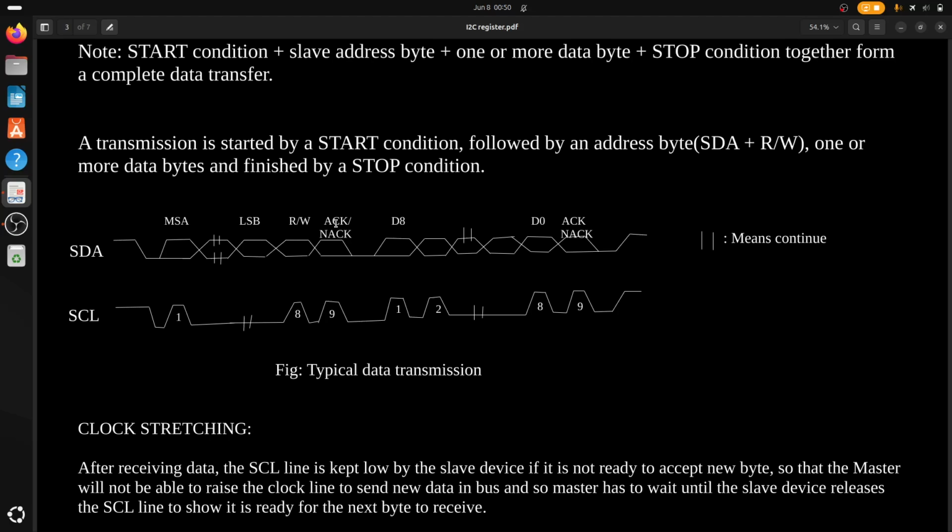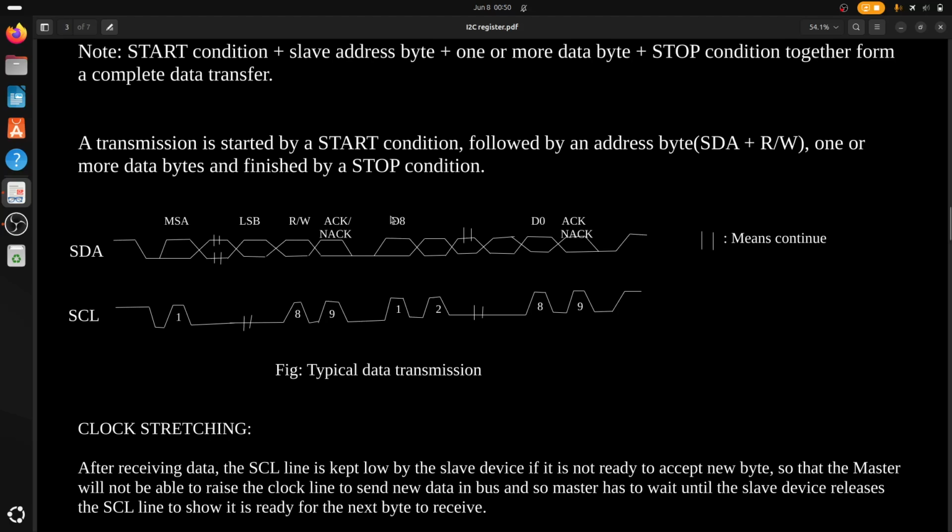If it is acknowledged, meaning it is ready to receive the data sent by the master, then D7 to D0 is sent along with the acknowledgement bit. And if the receiving device or slave device sends a NACK, then the master doesn't need to send this data on the bus to the slave device.